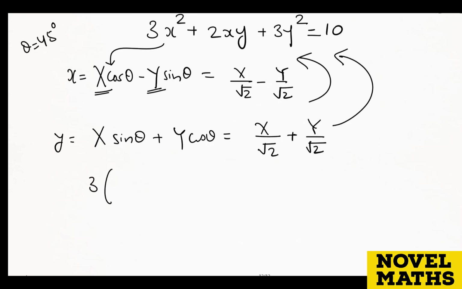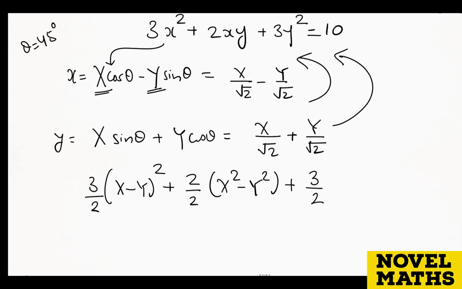3x square, so this will be 3 over 2 (X minus Y) square, plus 2xy, so this will be 2 over 2, right? This will be 1 times (X minus Y)(X plus Y), so X square minus Y square, plus 3y square, so 3 by 2, root 2 square is 2, 3 by 2 (X plus Y) square is 10.